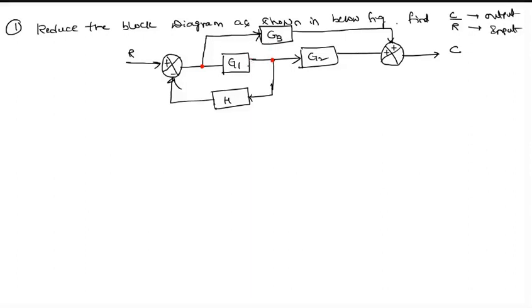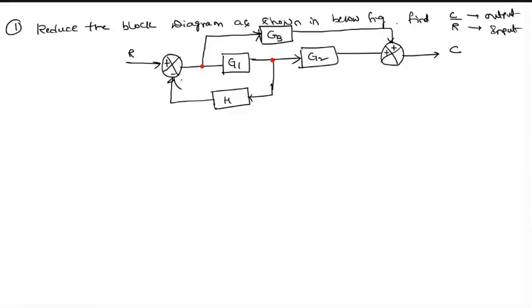If you want to take these two as a series, the branch point is an obstacle. A summing point and a branch point should not be side by side. That is one rule. And if you want to apply the series between G1 and G2, there is a branch point obstacle. We need to remove it.